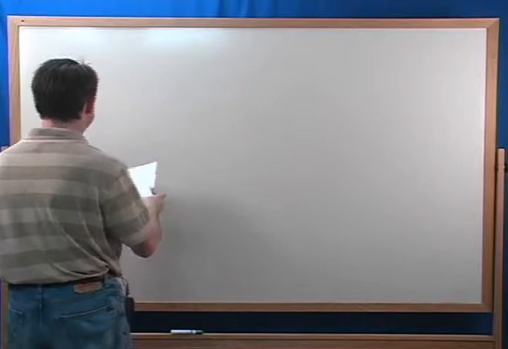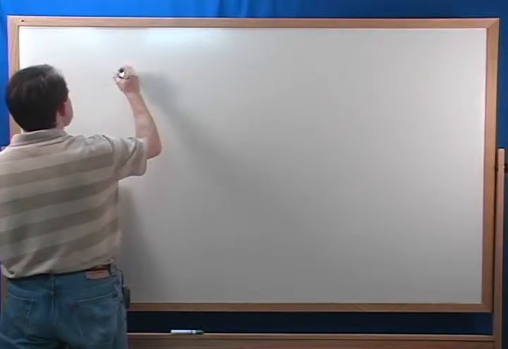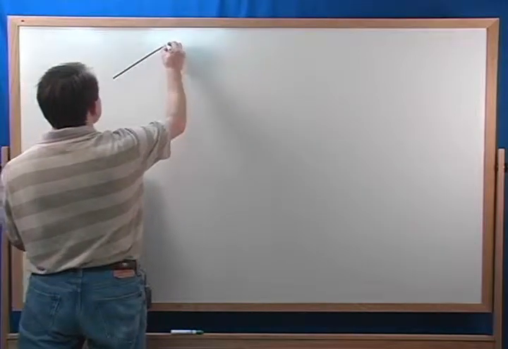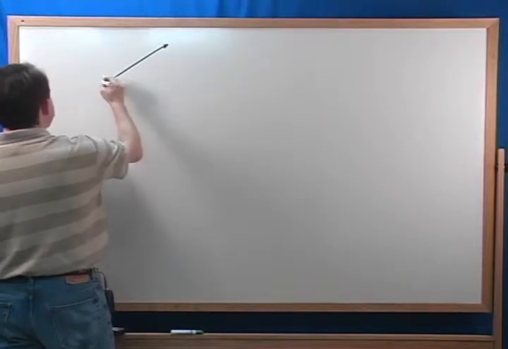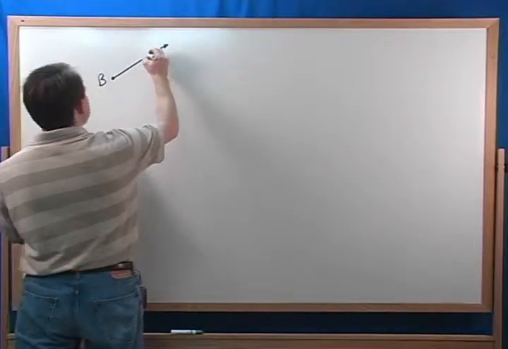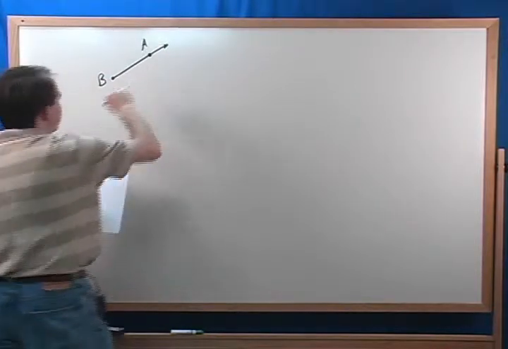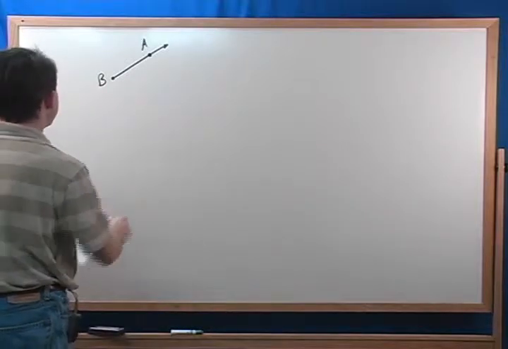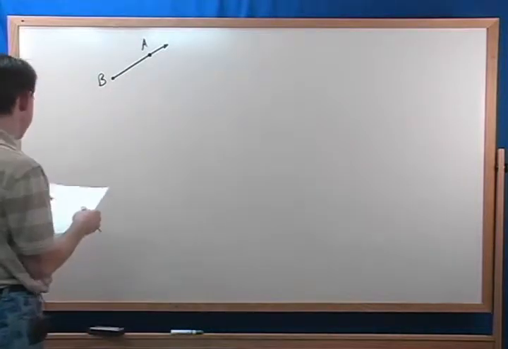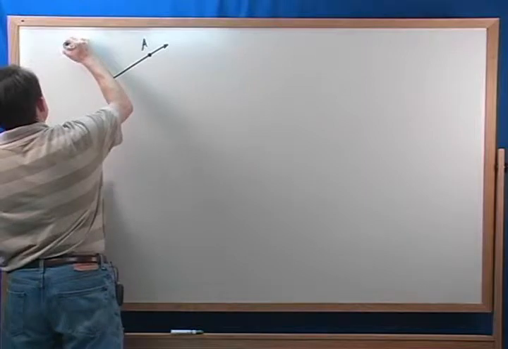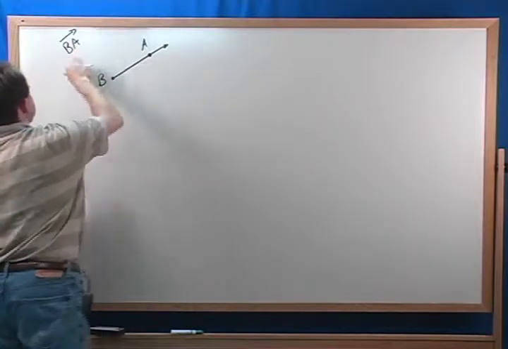If you had a ray, starting at point B and traveling through point A, and we talked about rays in the last section. This is ray BA. I'm just showing you how to write it.